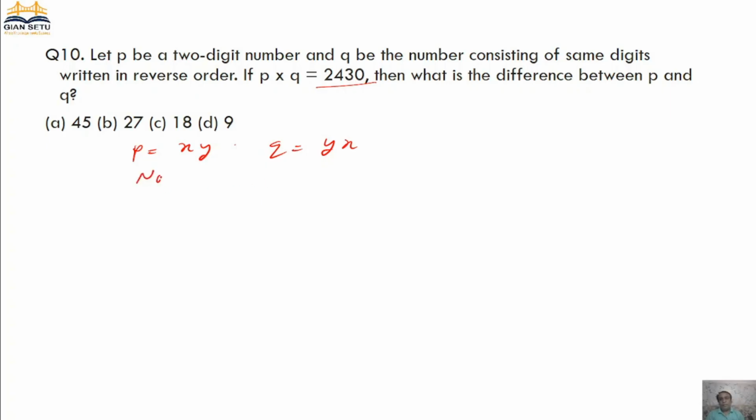Now, if we closely analyze the product of both numbers, that is P into Q is equal to 2430, this implies that one of these numbers, either P or Q, has 5 at the units place. Only then can we have 0 in the product of both these numbers.